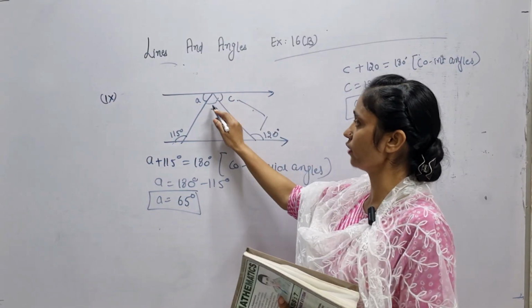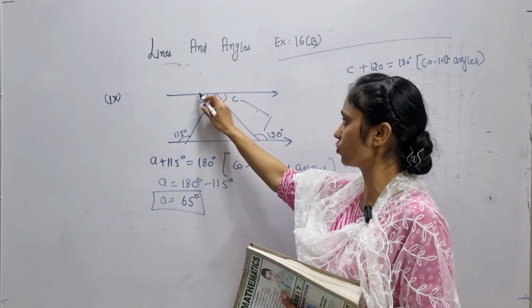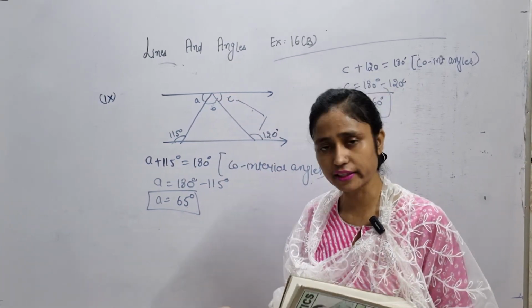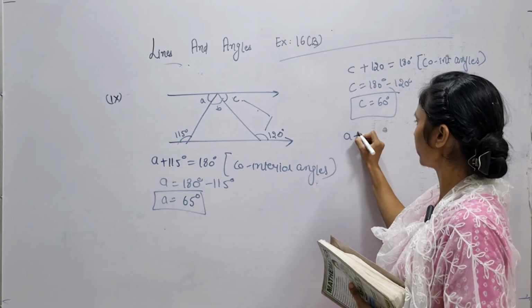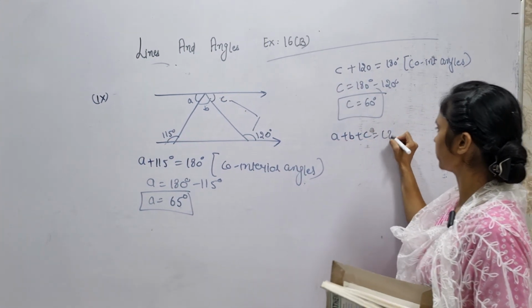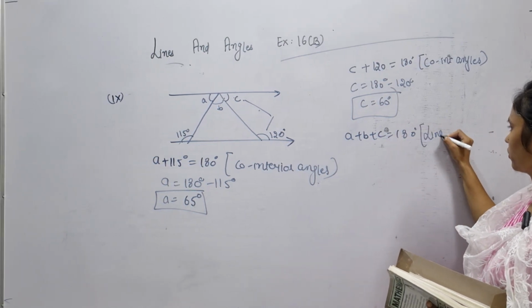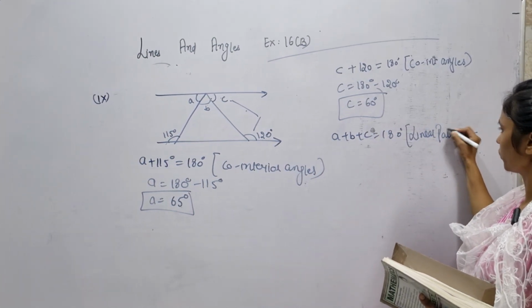If we note the sum of all the angles on a straight line, it is equal to 180 degrees. You can write linear pair also. Now A plus B plus C is equal to 180 degrees.